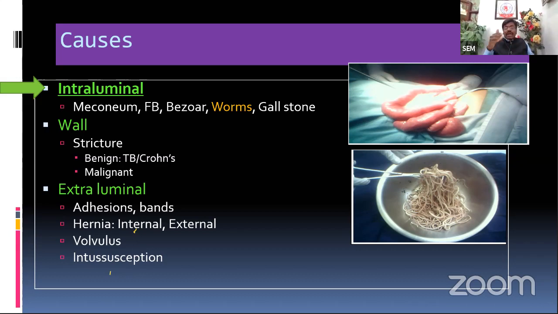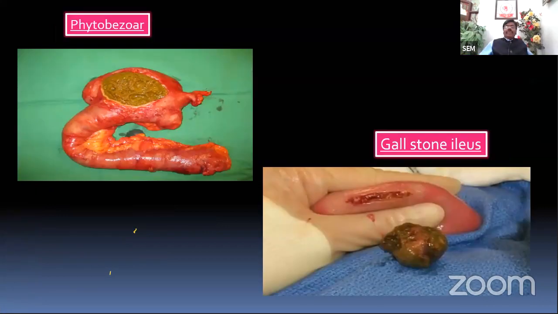It is not common, at least in our state, Tamil Nadu, but quite common in other states in our country, causing an obstruction in a child. Or occasionally you can have an obstruction because of vegetable matter, phytobezoar. Or we have already read in the gallstone, one of the rare complications of the gallstone is gallstone ileus. Isn't it? Gallstone coming and stuck in the terminal ileum.